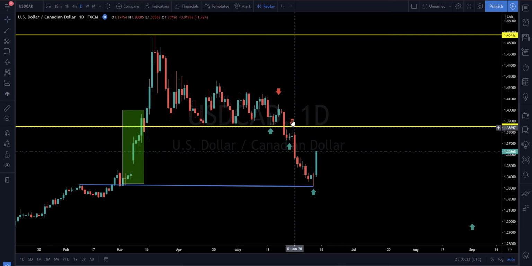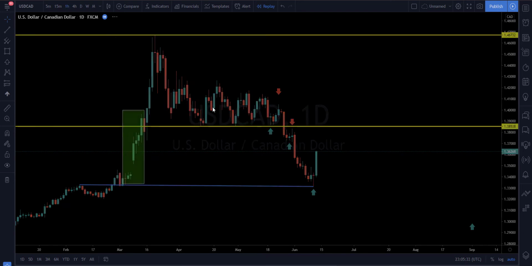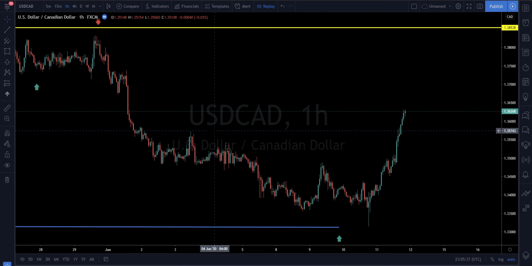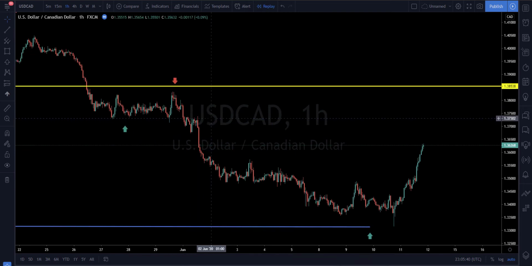So now when we have a lower high confirmed and a lower low confirmed, let's see where we're going to enter. We're going to try to enter roughly where the run started, but in order to determine that, let's go to the smaller time frame. Let's say 1 hour, and let's see exactly where the run started. So we had this run here, nothing happened there, slightly broke through, then bounced back, broke through again, bounced back.